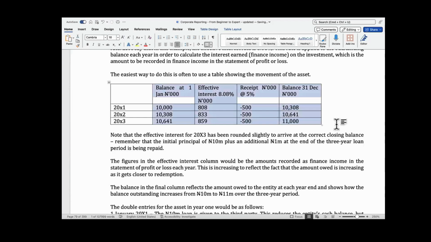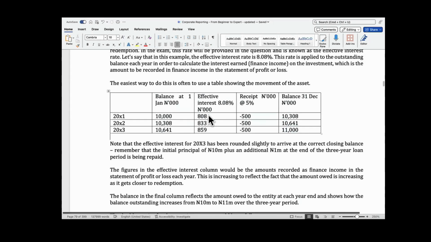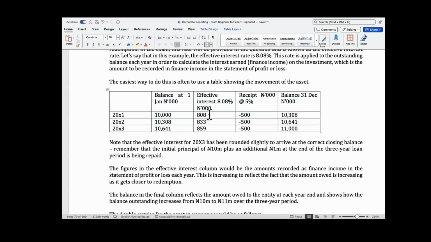You need to be able to do it conveniently and understand what it is speaking to. So with this table now, you see this 808 is our income that goes to P&L. It's the income that goes to P&L.